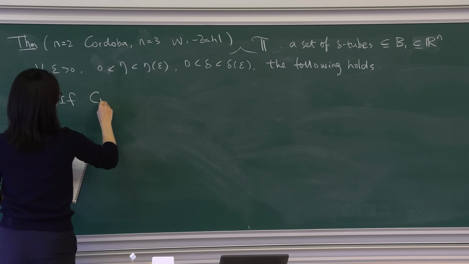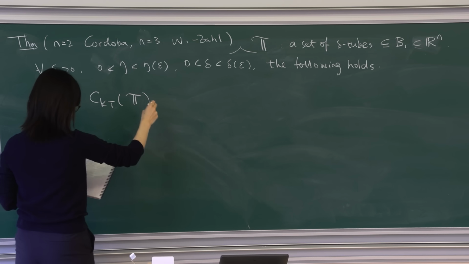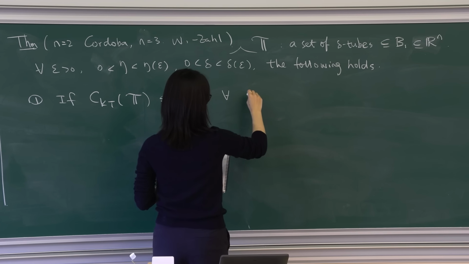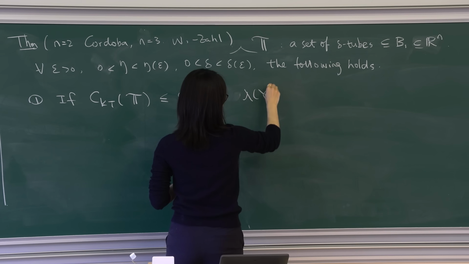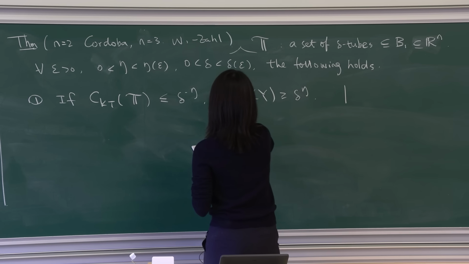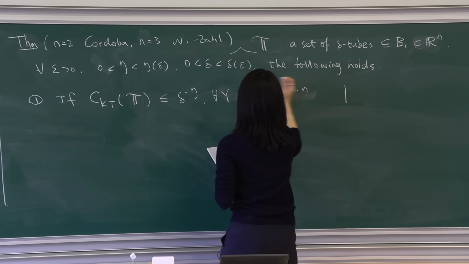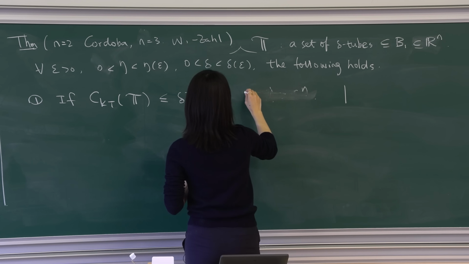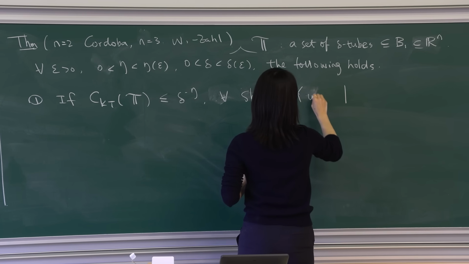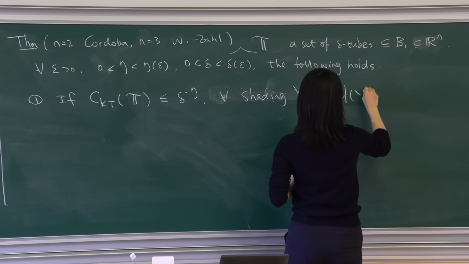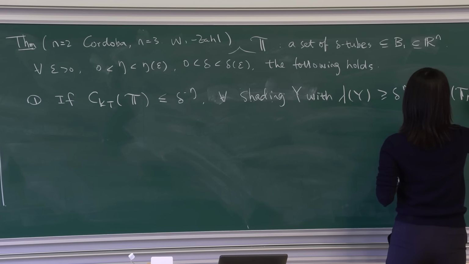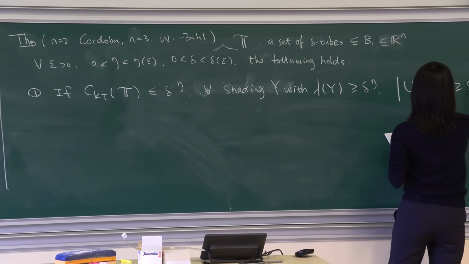If the Katz-Tao constant of the delta tubes is less than delta to the minus eta, then for any shading Y with density greater or equal than delta to the eta, the union is greater or equal than delta to the epsilon.